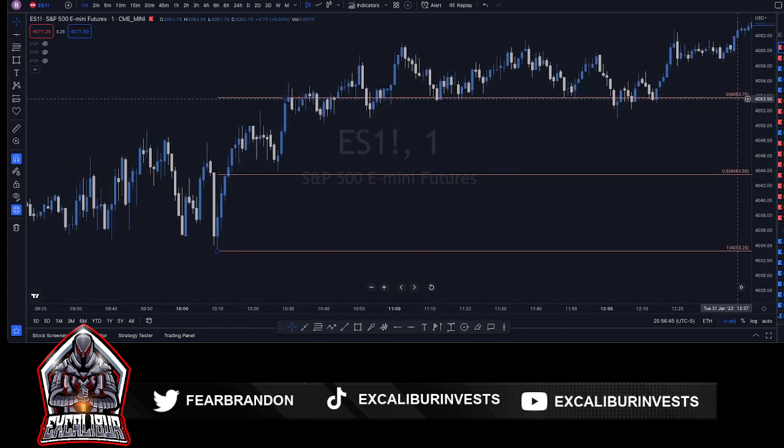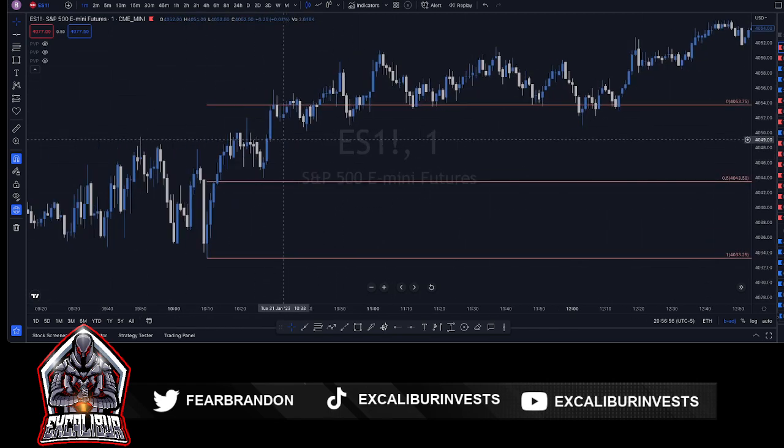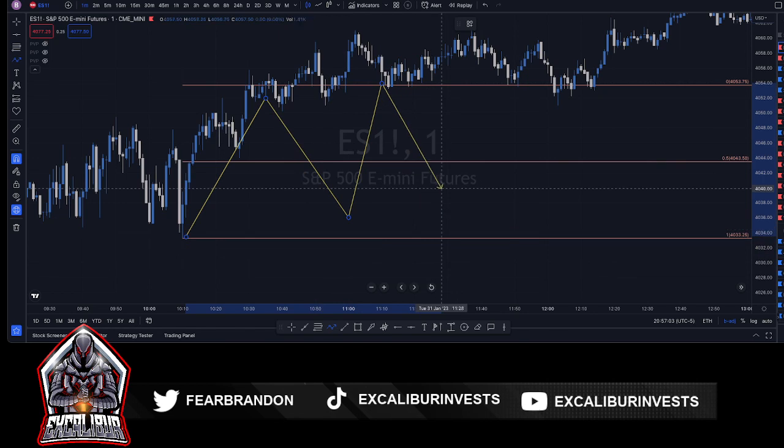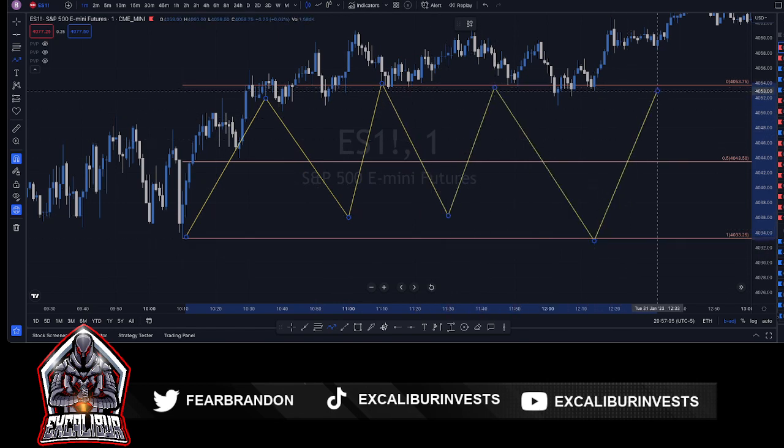So this basically shows you the initial balance is going to be one of the highest volume loaded areas. So what I'm watching is if we're going to have a chop day, what we're going to do is just chop in between these areas. That's our chop day.